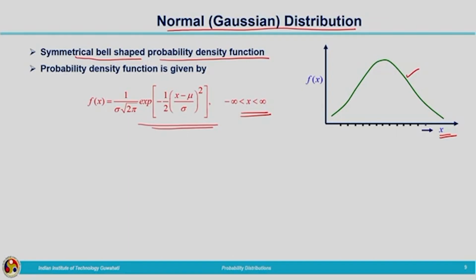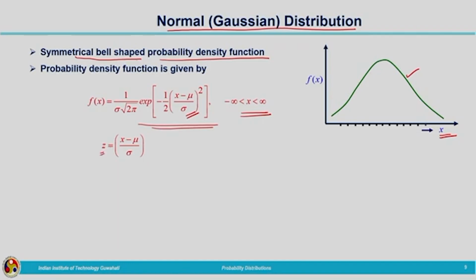But in the case of normal distribution, the range is between minus infinity to plus infinity. So, the function is given by 1 by sigma under root of 2 pi e to the power of minus half x minus mu by sigma all square. X varies between minus infinity to plus infinity. Now, this x minus mu by sigma can be represented by means of z.